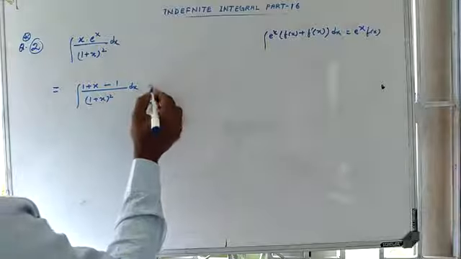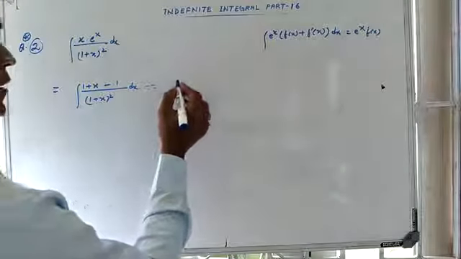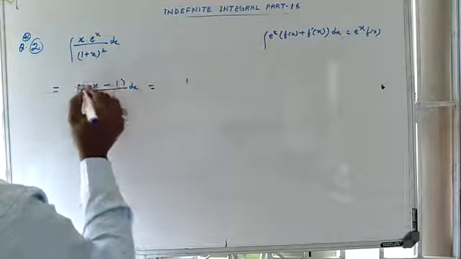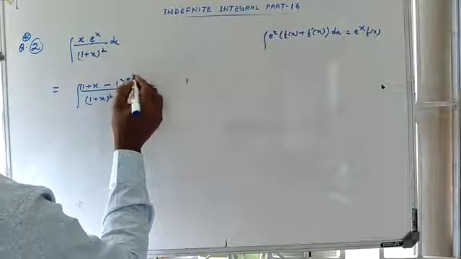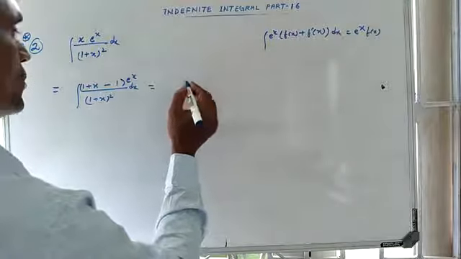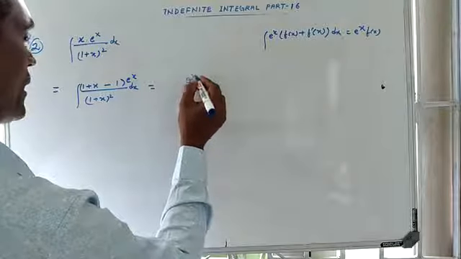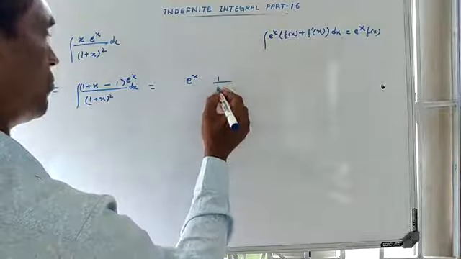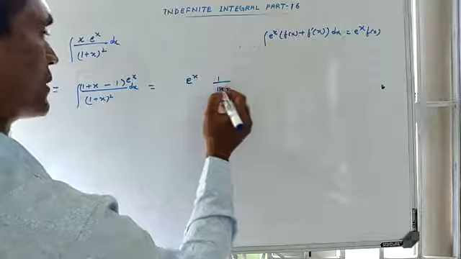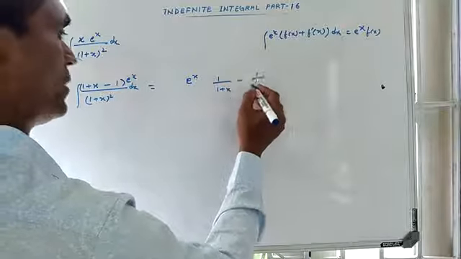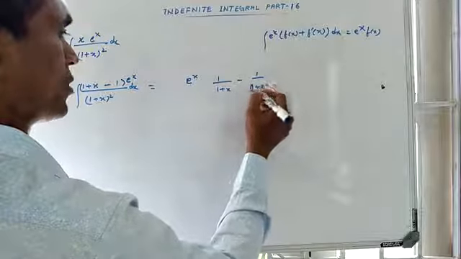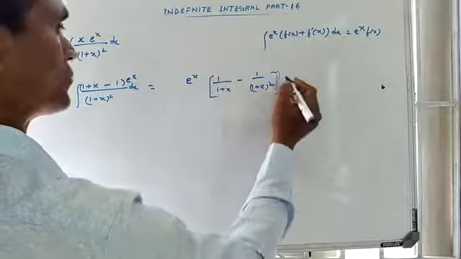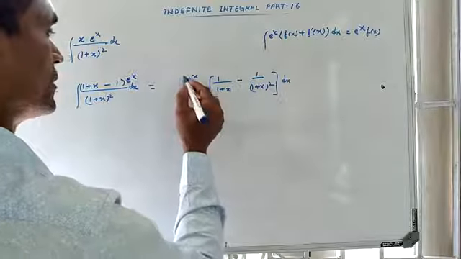Now we divide separately, with e to the power x also there: e to the power x times 1 by 1 plus x minus 1 by 1 plus x whole square dx.